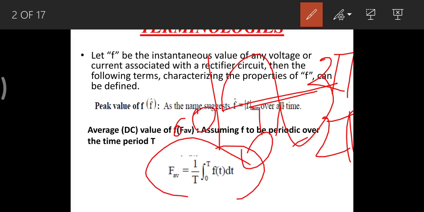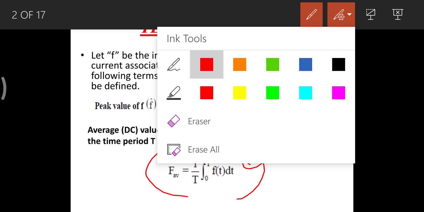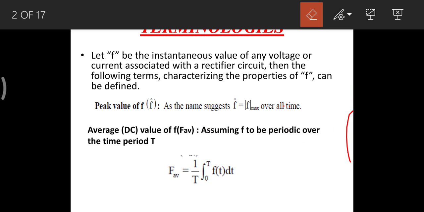For finding the average, we have the formula 1 by T integral 0 to T f of t into dt. If you apply this for the sine wave, it becomes 1 by 2 pi integral 0 to 2 pi Vm sin omega t. So this is about the average value. This average value indicates nothing but the average output of the given circuit.